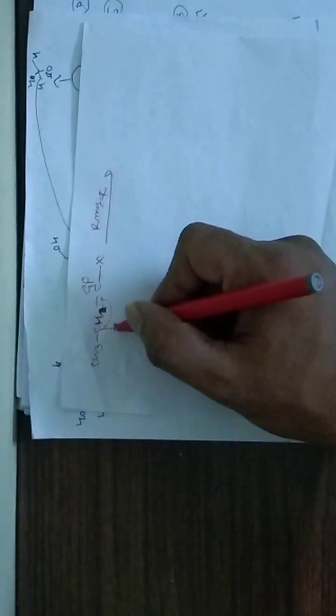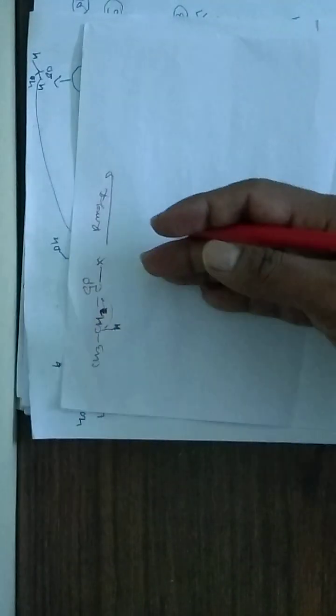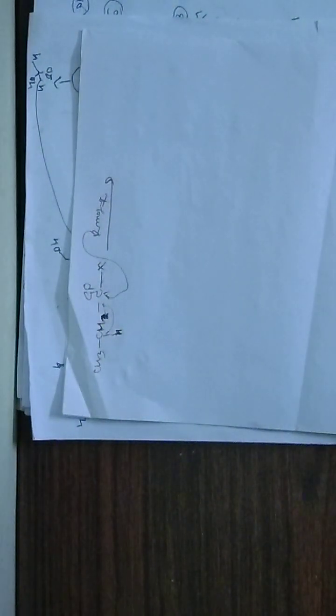But RMgX is not a very strong base like NaOH, and this is not so much acidic also like nitro or active methylene compounds. So it will not abstract the acidic proton, particularly for Grignard reagent. Here it will act as a nucleophile and attack on the carbonyl carbon. So this is one doubt that may come to our mind.